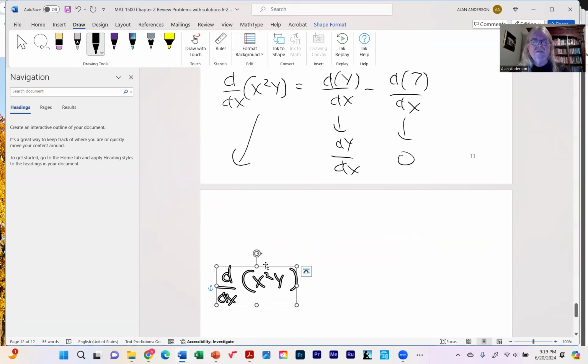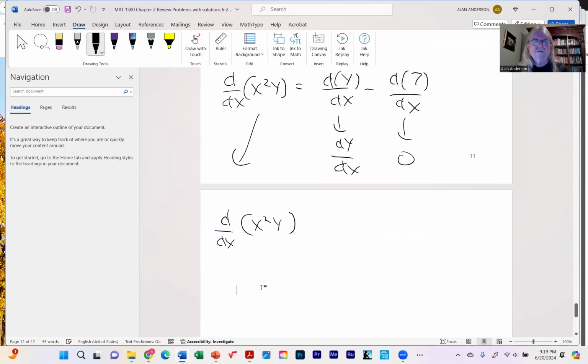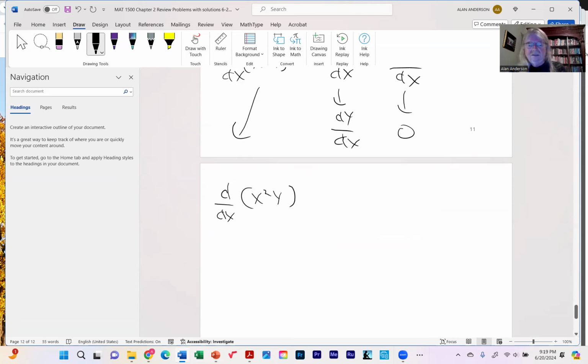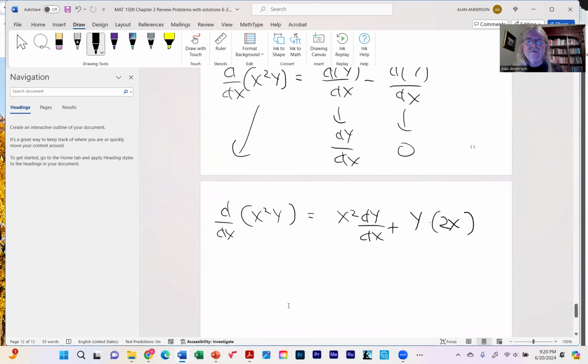All right, hold on. So just like the product rule when we're not doing implicit differentiation, it's the first term times the derivative of the second plus the second times the derivative of the first. Okay, so now we bring all this stuff together.